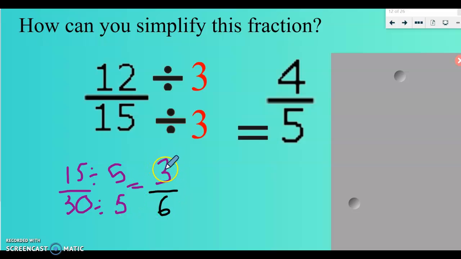And then you see that there's another common factor between 3 and 6 that you can divide. It is 3. So you can divide both of these numbers by 3. So that is 1 over 2. You might have to keep dividing as long as you have common factors in both of the numbers, top and bottom, your numerator and denominator.